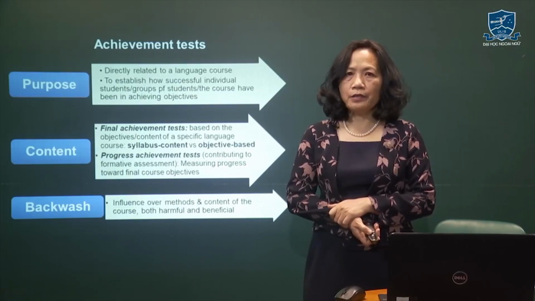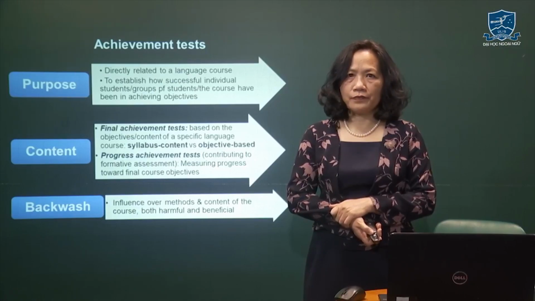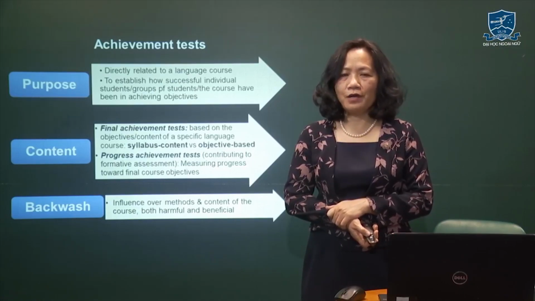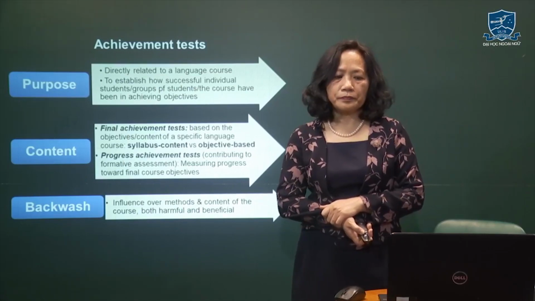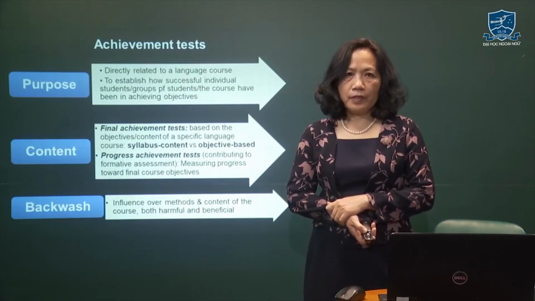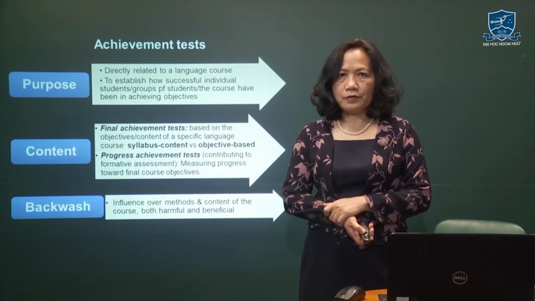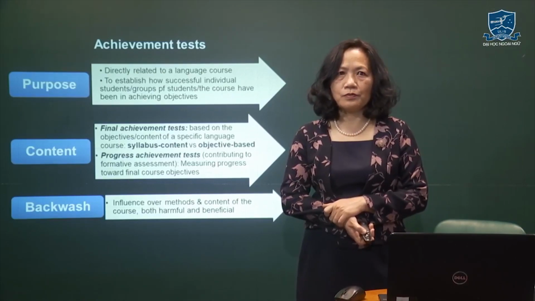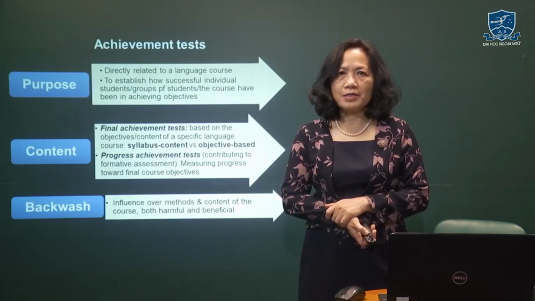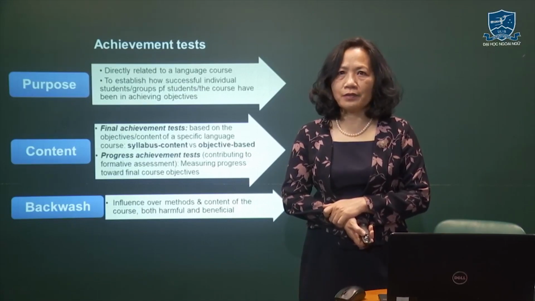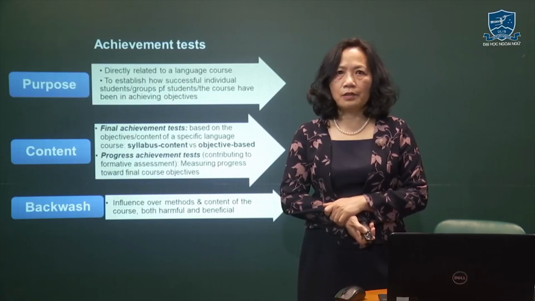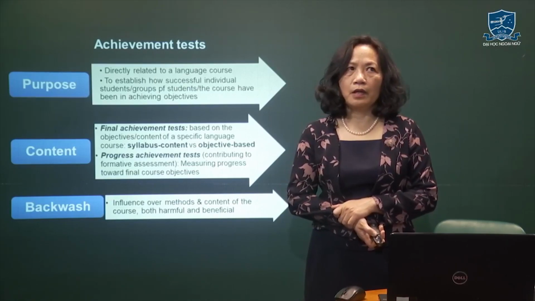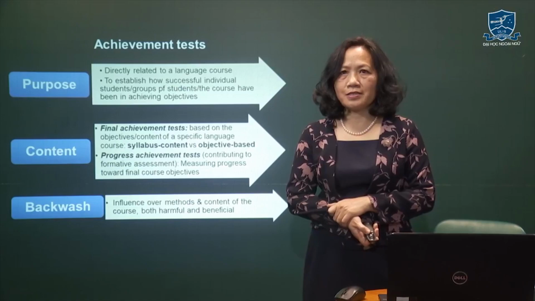Or we can use the objectives as a basis for developing the test. What's the difference between these two? It is easier for test developers to just base themselves on the content of the course, so what the students have learned in the course will be represented in the test.